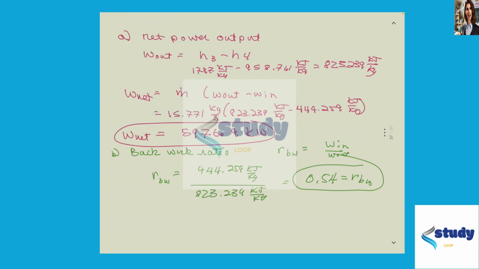Then next, C, asks us to find thermal efficiency. Okay, thermal efficiency. This should be my hardest part here.